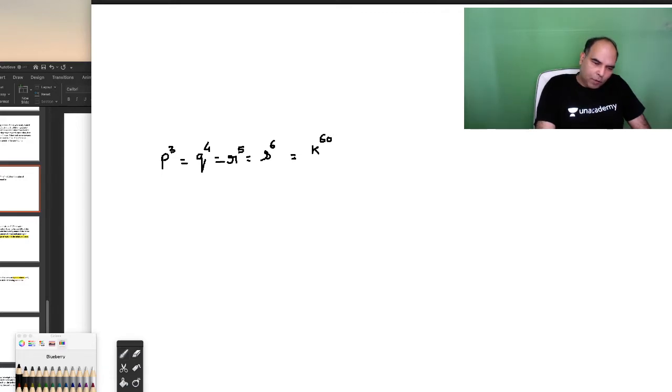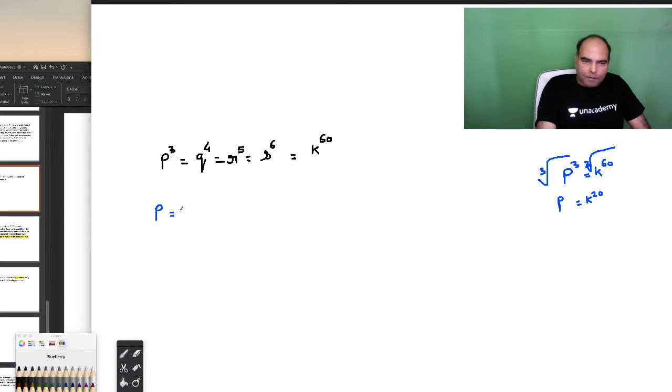So if you do that, what happens? Taking the cube root, since P cube is equal to K raised to 60, if I take the cube root on both sides, what I'll get is that P is equal to K raised to 20.